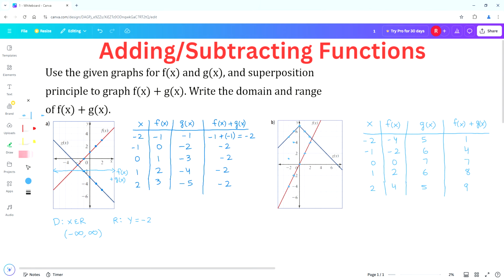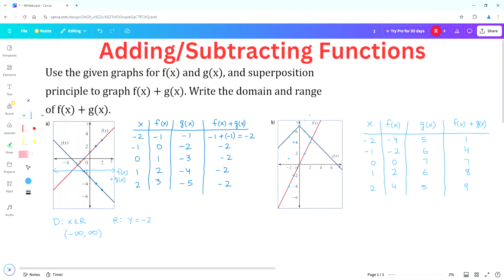So this point here. At x equals 1, f(x) plus g(x) is equal to 8. So this point here, at x equals 2, f(x) plus g(x) is equal to 9. So somewhere here. Now we can join these points.